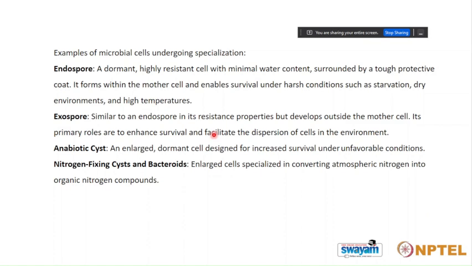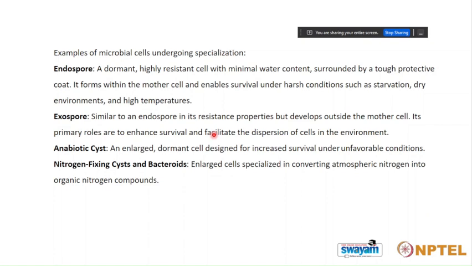In differentiation, the cells will attain certain characteristics. In proliferation, only the cell number will increase, but the cell characteristics won't be affected, whereas they will be affected in the case of cell differentiation. Are you getting the point?